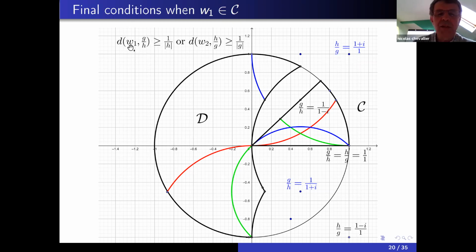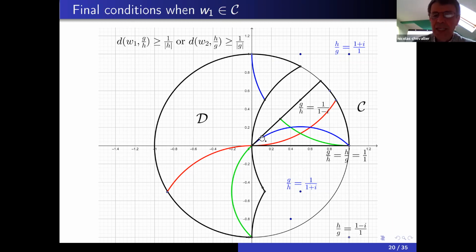This means that the distance from W1 to G over H must be larger than 1 over modulus of H, so 1 over square root of 2. This means that W1 must be at a distance larger than 1 over square root of 2 from this point.